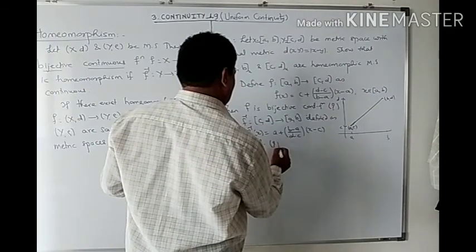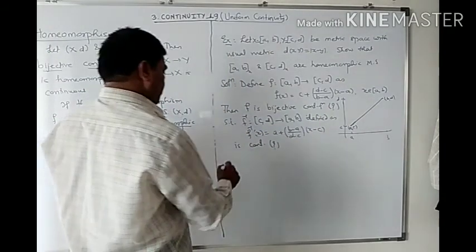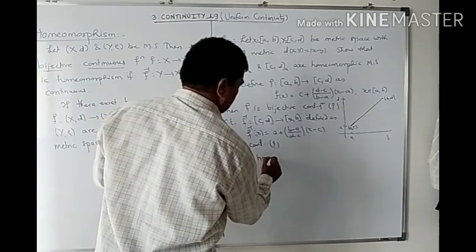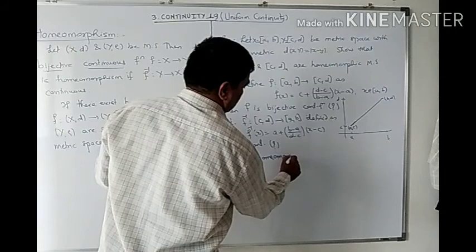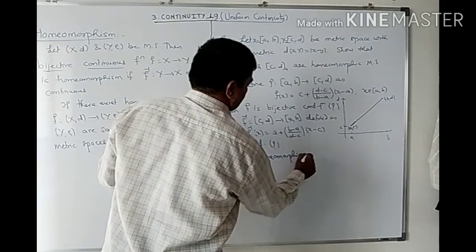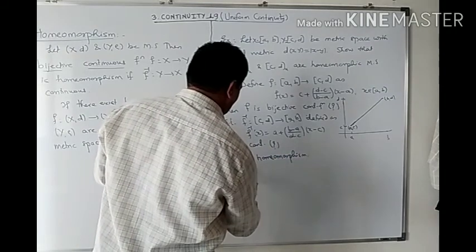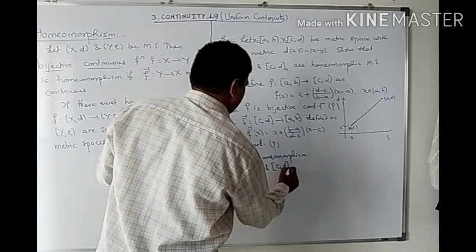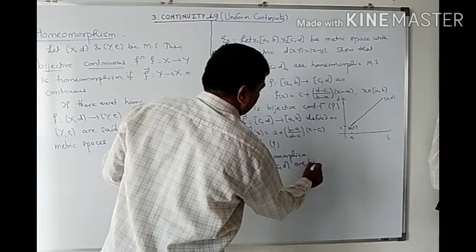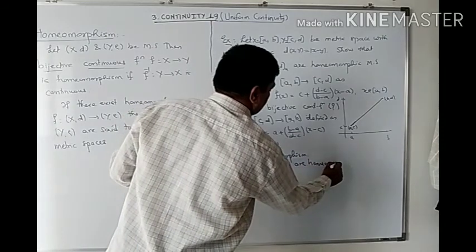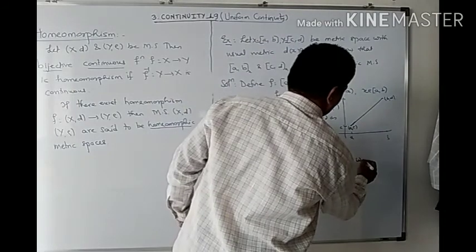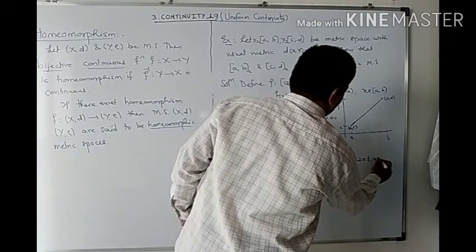Why this is bijective and continuous, you have to explain it. This implies f is a homeomorphism, and therefore closed interval [a, b] and closed interval [c, d] are homeomorphic with respect to the usual metric.